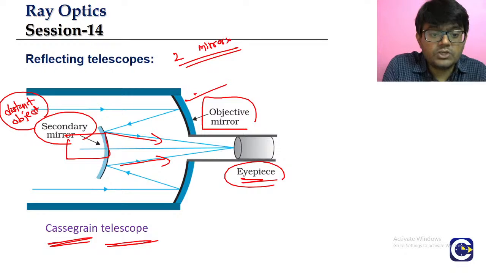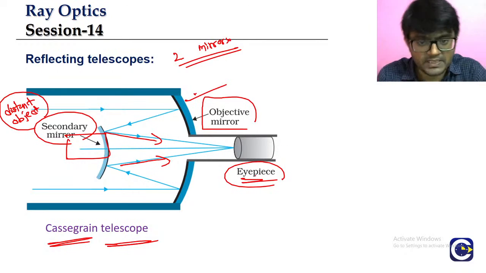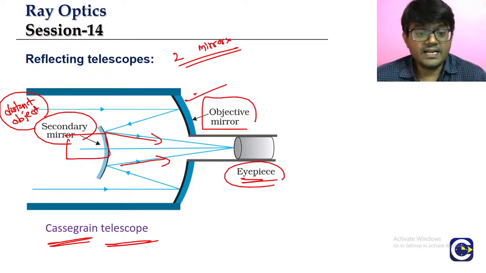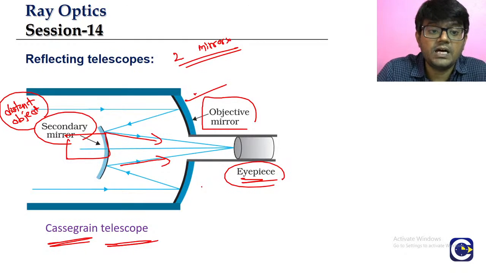So we would be fixing the eyepiece at one point. But if you have two reflecting mirrors, it gives us flexibility in terms of where we keep the eyepiece. And it will not cause a lot of issue in terms of the heaviness of the telescope, because mirrors after all are light. So even with two mirrors, the entire setup will still not be that heavy.